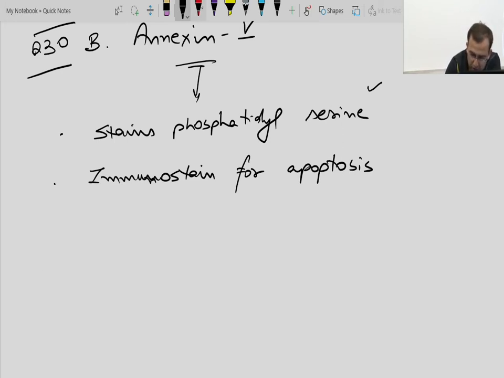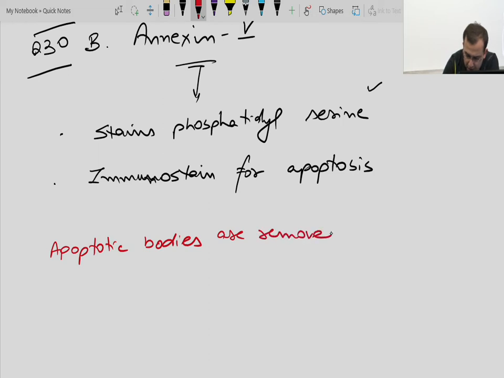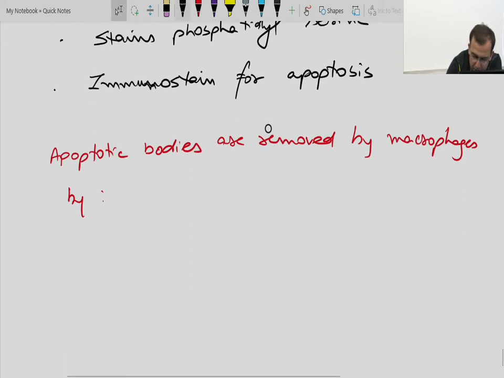For this we need to know the mechanism of apoptosis. Apoptotic bodies are removed by macrophages. By what action? They are removed by macrophages by thrombospondin receptors.